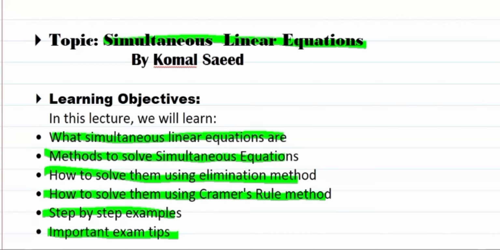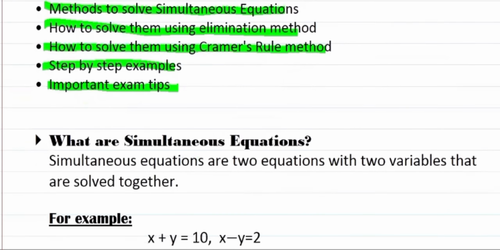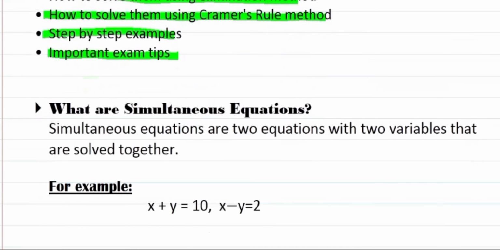In today's lecture, we will only solve the simultaneous linear equations by the elimination method. First of all, let's understand what simultaneous equations are. Simultaneous equations are two equations with two variables that are solved together.